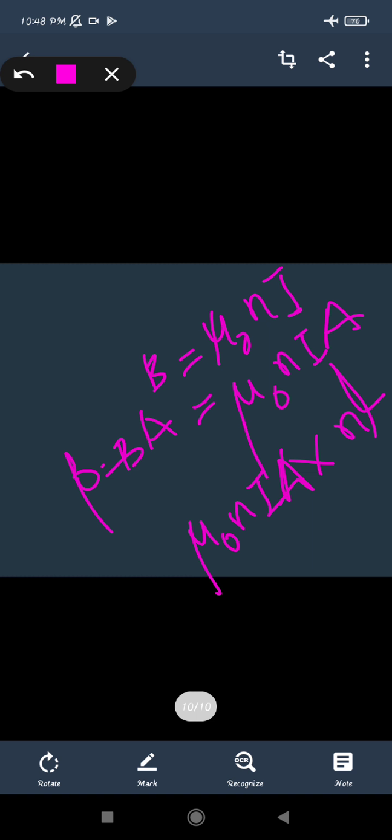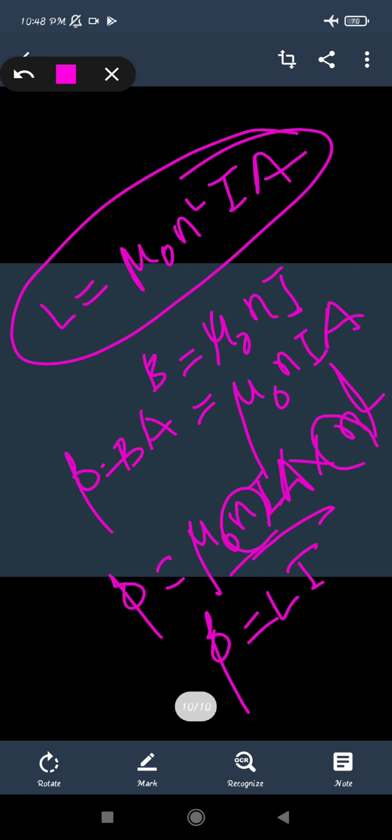So phi will be equal to Li, where L will be equal to mu naught n square l A, since two n's are there and we are just taking them out, and A is also there. Phi is equal to Li, where L is the constant that can be given as mu naught n square l A, and this will be the self-inductance for the long solenoid.